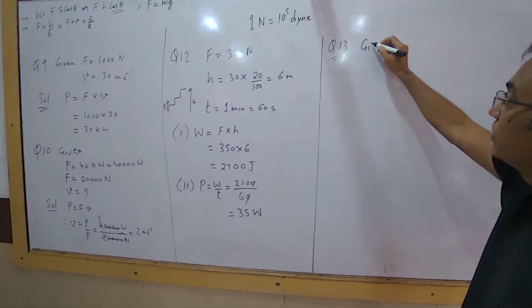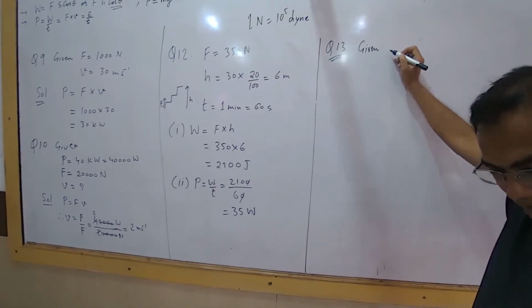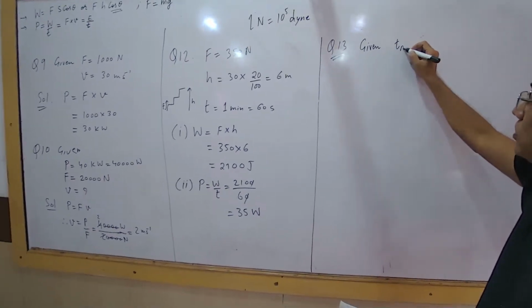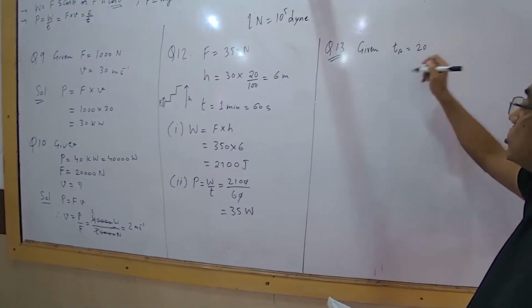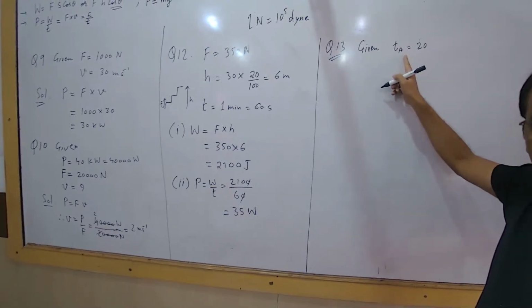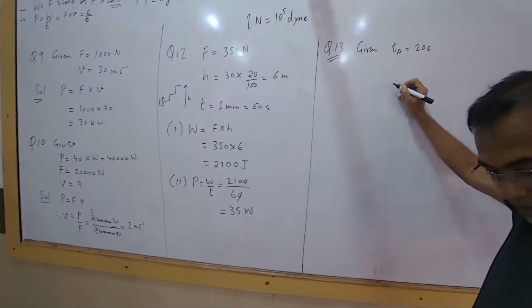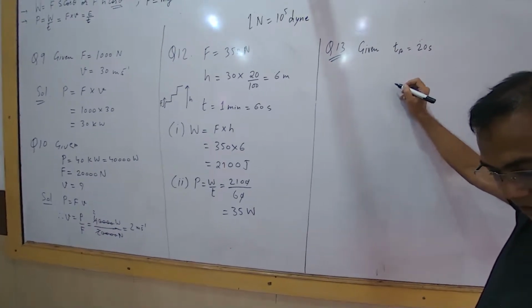Are you following this method? Yes. What is given? For person A, time is how much? 20 seconds. You put a subscript to differentiate between A and B: 20 seconds. Then his mass is 50 kg.